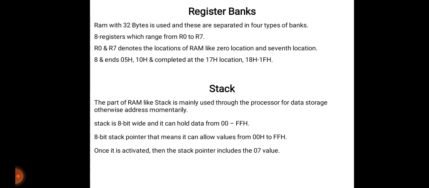Every bank includes 8 registers from R0 to R7, and here R0 and R7 denote locations of RAM, the 0 location and the 7th location. The next register bank begins from location 8 and ends with the 0FH value. The final bank can be placed among 18H to 1FH. So this is the final bank position.